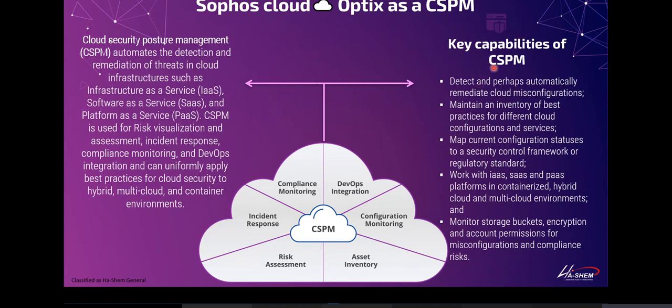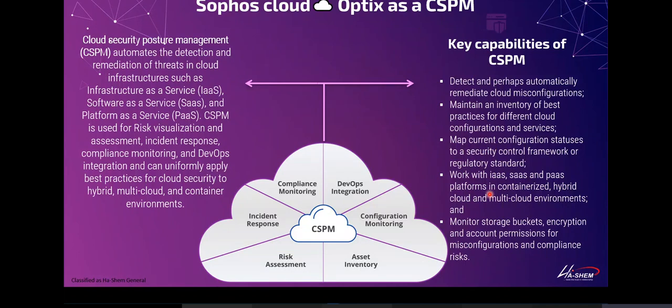And these are some of the capabilities of Sophos Cloud Optix as a CSPM. It helps you detect incidents, detect issues, and automatically remediate any misconfigurations you have, and it helps you maintain your inventory. Also, it helps you map current configuration status, security controls, and so on.